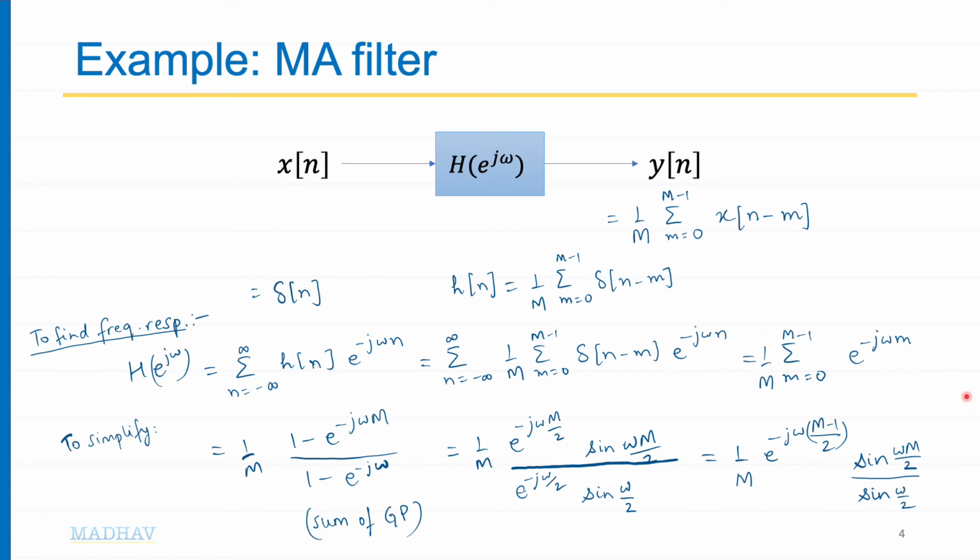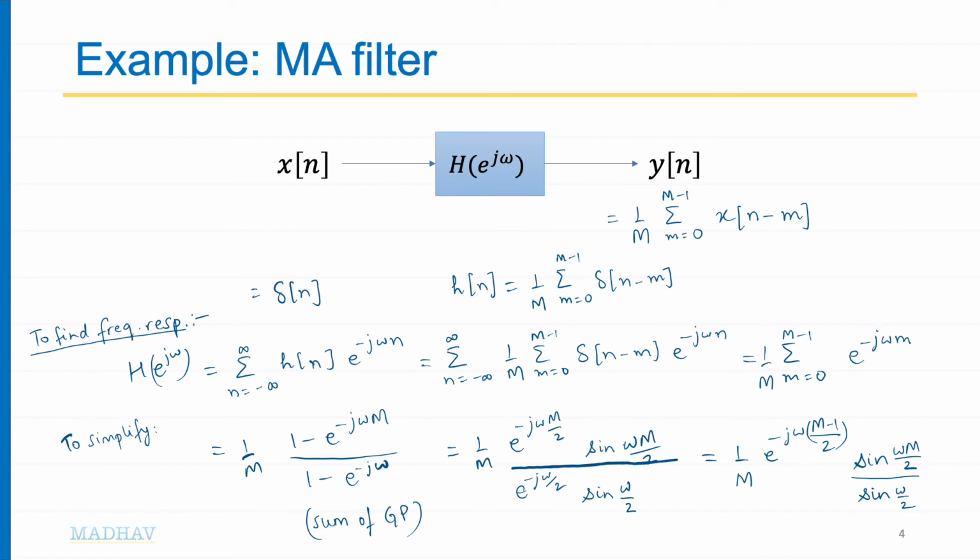This is the form we finally get. This looks like a very nice form. Basically, this is just a phase term. We can ignore it for our magnitude part. The magnitude part is simply sine of omega M by 2 divided by sine of omega by 2, with some scaling 1 upon M, which is independent of omega.